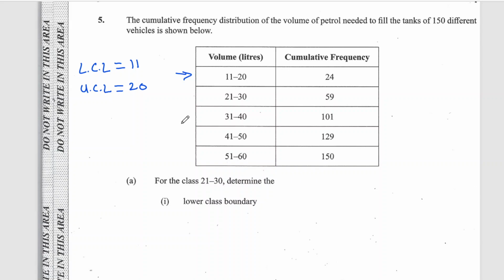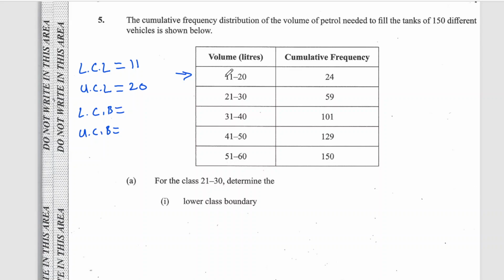Then they could also ask for boundaries, your lower class boundary and your upper class boundary. These are the middle of two numbers. If this is 20 and the next interval starts at 21, we have to account for what's missing between 20 and 21. So for boundaries, we subtract 0.5 from the lower limit and add 0.5 to the upper limit.